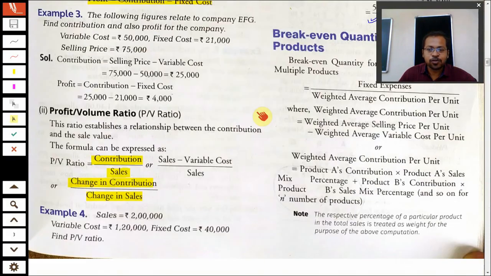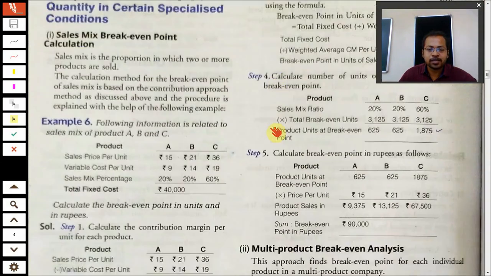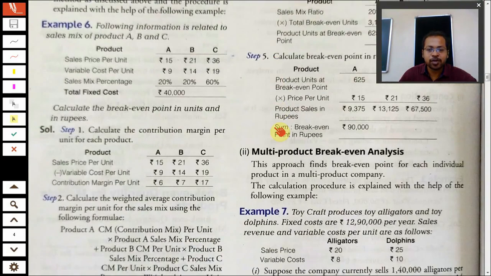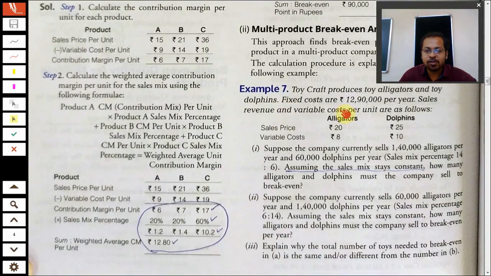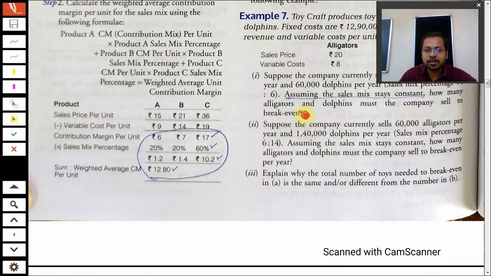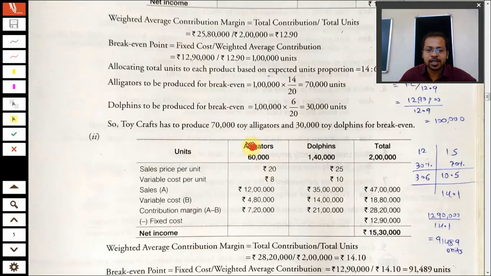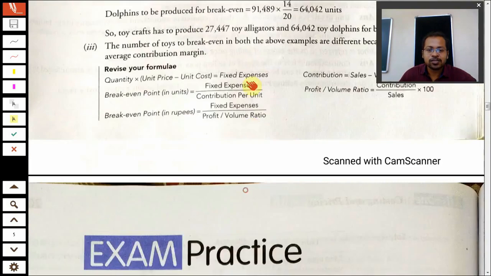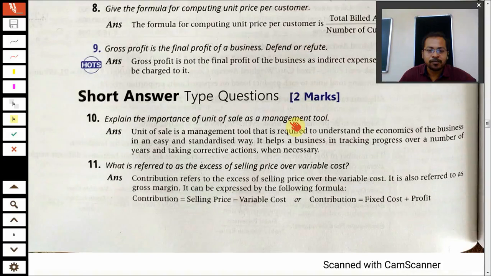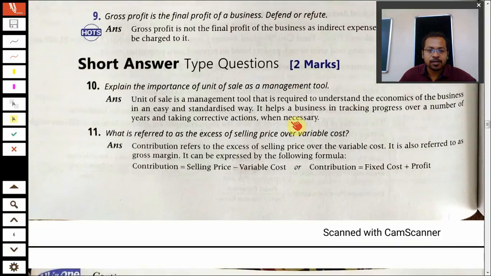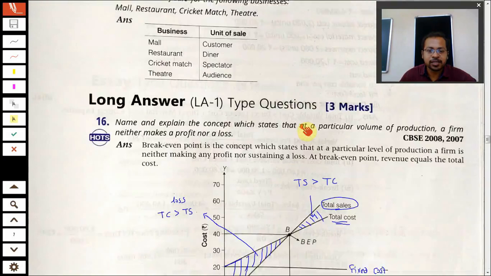And you must have gone through the earlier video about how to find break-even point in case of multi-product company. So in the last session, we had solved this example number 7 where two products were alligators and dolphins. Now we will solve a few more questions from the questions which are given at the end.